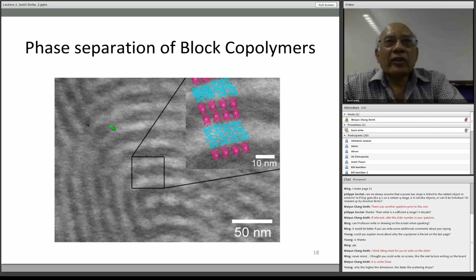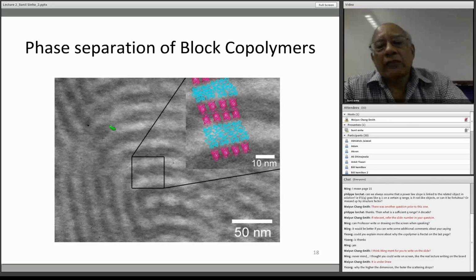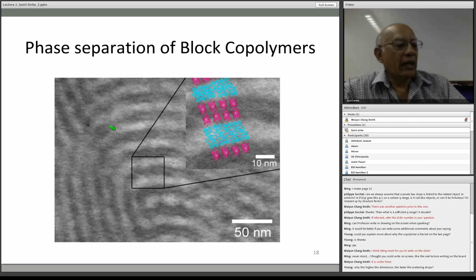So the higher the dimension, the faster the scattering drops. Well, that's a good question. I'm not sure I know how to answer that. It's certainly true the power law drops faster with a higher value of d, and I think it just says that if an object has a high fractal dimension, it's more compact, so it has more length scale concentrated at shorter distances. Thank you. So I really think it's just related to this property.